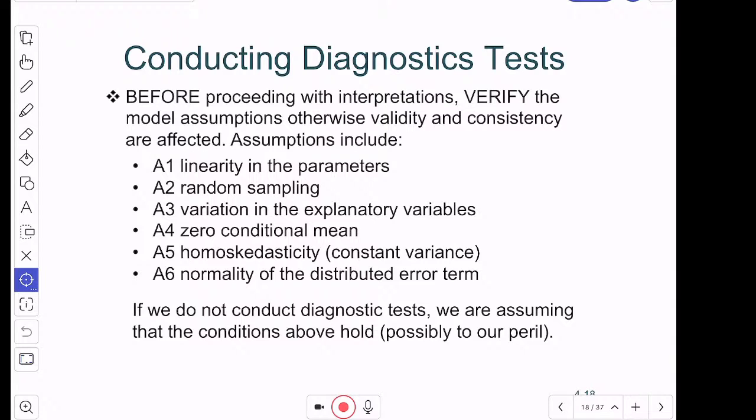So what you're supposed to do when you conduct a regression analysis is to also conduct the diagnostic test. Before proceeding with interpretation, you would have to verify the model assumptions. Otherwise, validity and consistency are affected. The assumptions include linearity in the parameters, that sampling is random, that there's variation in the explanatory variables, that you have zero conditional mean, you have constant variance, and your error term is normally distributed.